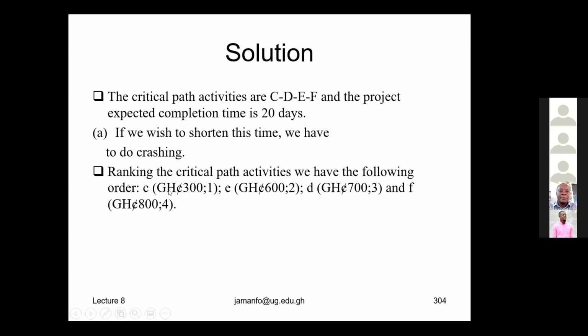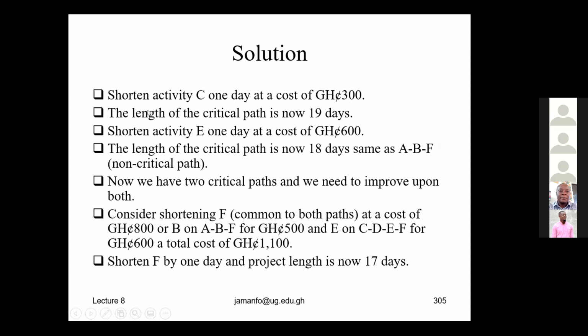So we do the ranking, so we know which ones we are going to crash first. All right. So we shorten activity C by 1 day at a cost of 300. The length of the critical path is now reduced to 19 days. Class, I hope you understand this. Any question up to this bullet?